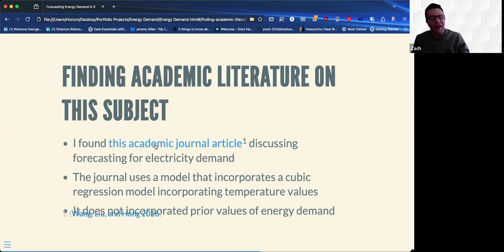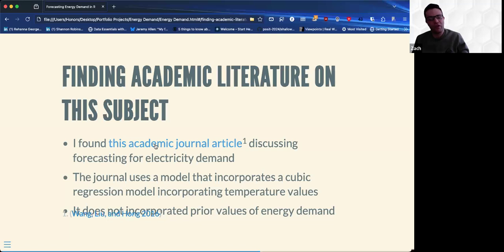So at this point in the project, I did hit a wall. I wasn't really sure how to approach the rest of this project because, like I was saying, any more complex models I was building were just taking longer to run or were much less accurate. And so I wanted to see what other people were doing to forecast similar data sets.